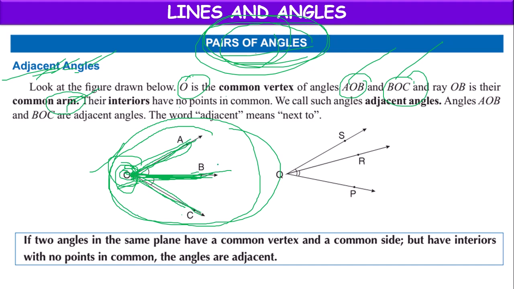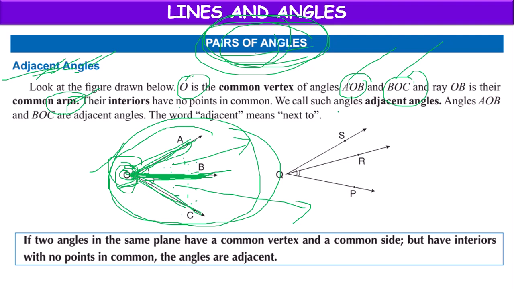But their interior parts don't have any points in common. The interior parts are completely different. Only the common arm is acting like a boundary between them. No other point is in common.